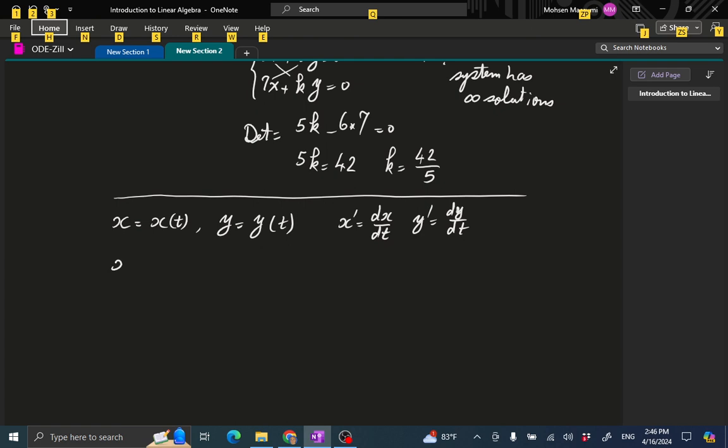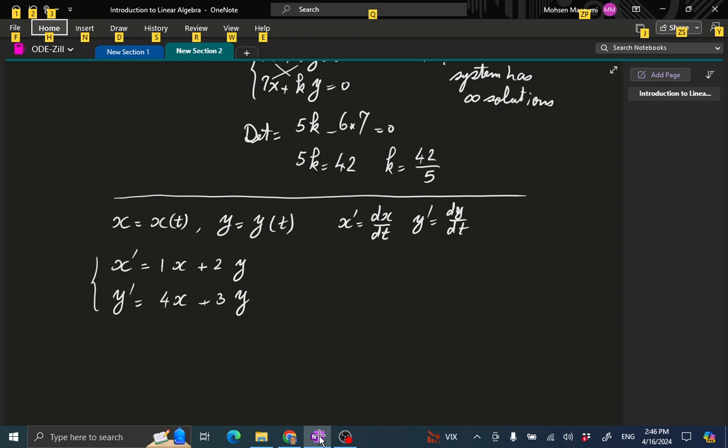And suppose I have a system that says x prime is equal to 1x plus 2y, and then y prime is equal to, say, 4x plus 3y. Of course, normally we don't write a 1 as a multiple, but I just wrote it so that we see how our matrix is looking in this case.